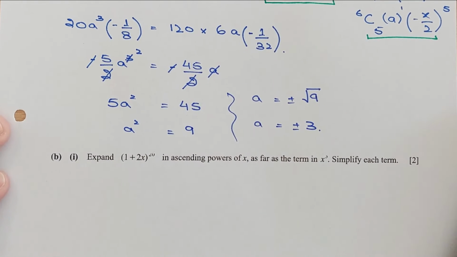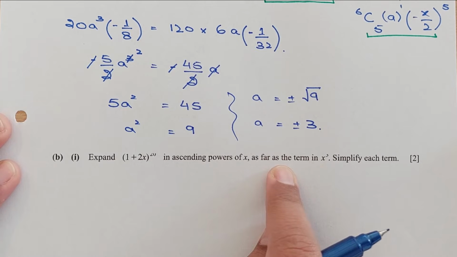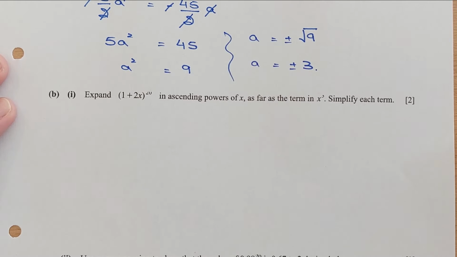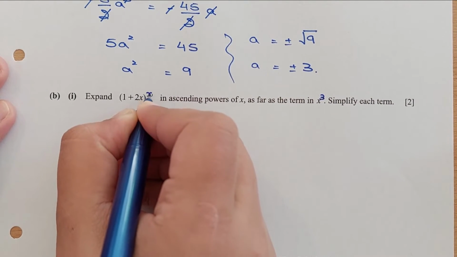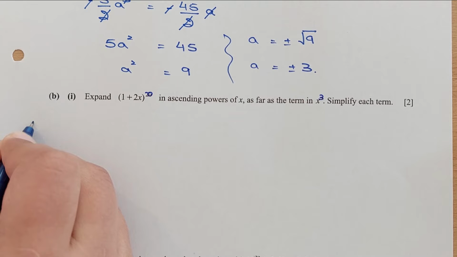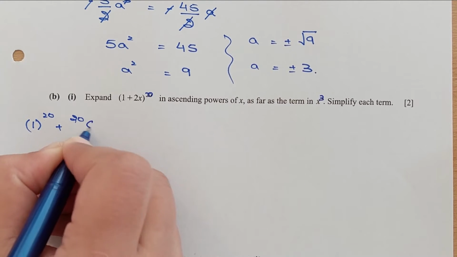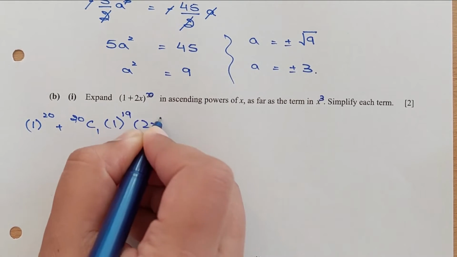Now for B part, number 1: expand this expression in ascending powers of x as far as the term in x cube. Simplify each term. So we have to open this expansion up to x cube. This power is 20, right? So the first term, 1 power 20, plus 20c1, 1 power 19, 2x.